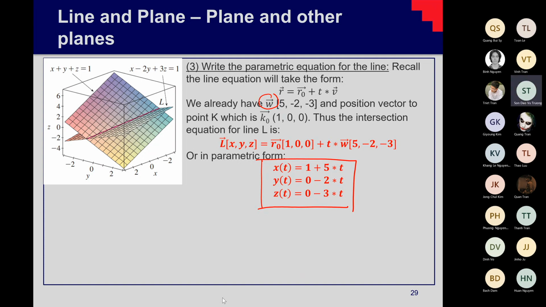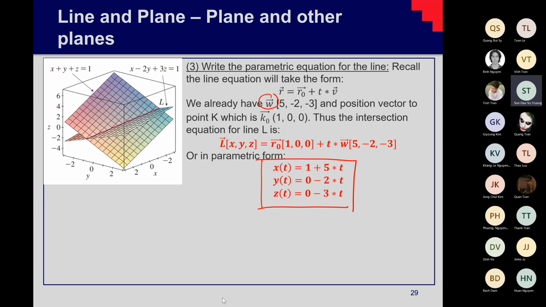And in the case of the line L intersecting the plane P1, we can do more things. For example, we can find the intersection point K between the line and the plane, and the procedure to find that point K will be as follows. We already have the parametric equation of the line L, and it will have the form of x(t) equal to x0 plus at, y(t) equal to y0 plus bt, and z(t) equal to z0 plus ct.